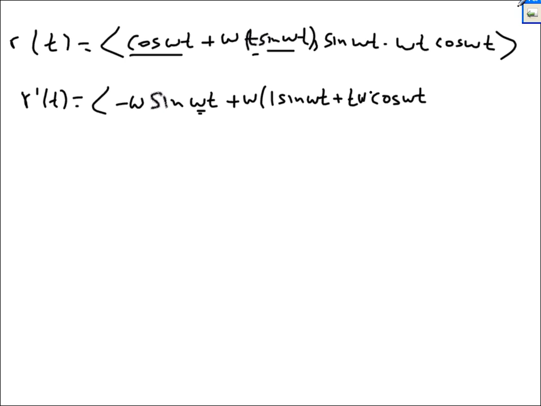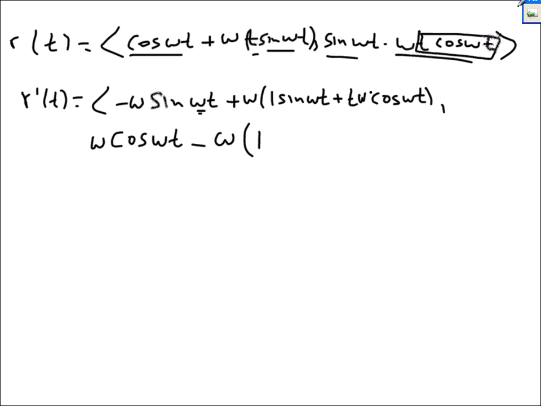That's the derivative of the first component, comma. Now let's find the derivative of that. The derivative of sine of omega t is cosine of omega t times the derivative of the angle, which is omega, minus. And I'll even factor out the omega, minus the derivative of t cosine omega t.